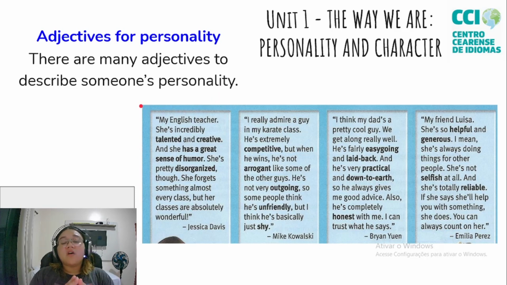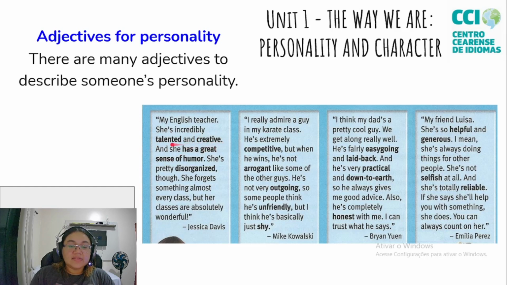And when we talk about people that we admire, we use adjectives, right, to describe these people. So if you guys take a look at the material later, you will see that the adjectives are all these words that are highlighted in black, right? They're bold letters.